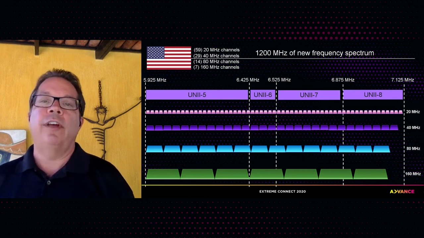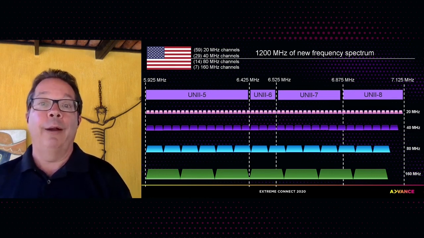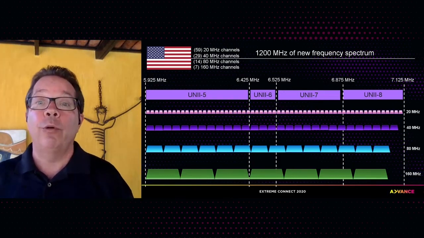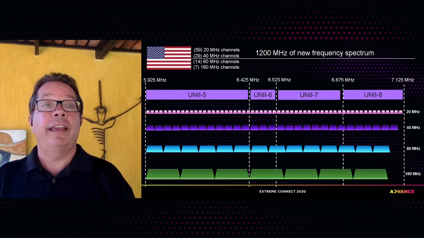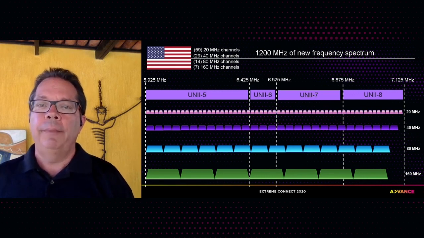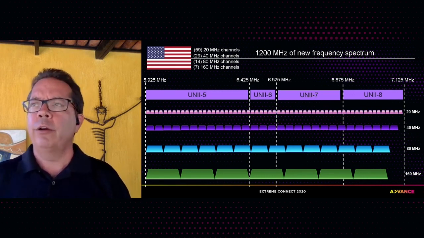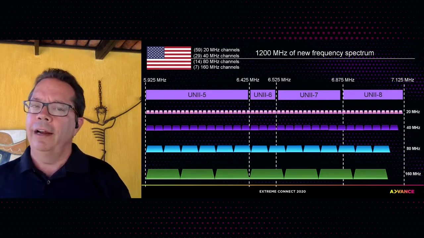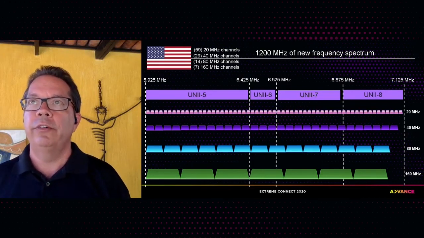So this is very exciting stuff, and it will bring a whole new caveat into design for wireless LANs. You'll have to be thinking about not just 2.4 coverage and 5 coverage, but you'll also have to be thinking about 6 gigahertz coverage. 6 gigahertz will also be great for mesh backhaul between APs. So you'll be hearing lots about 6 gigahertz in the coming years.